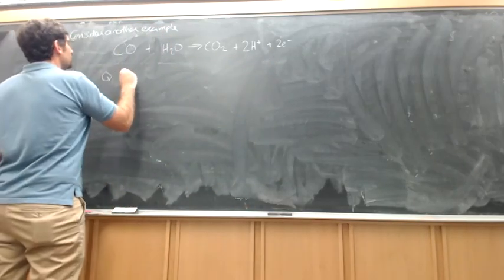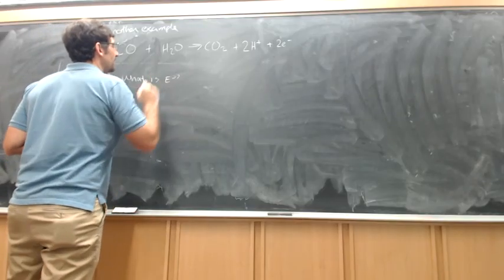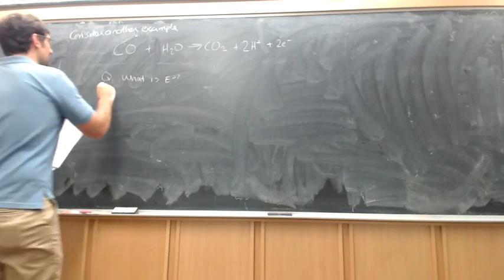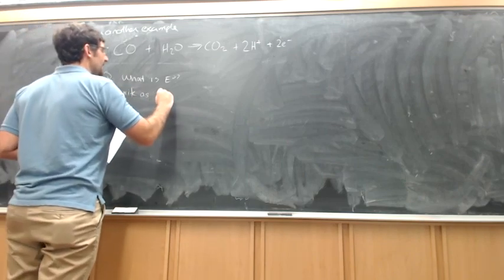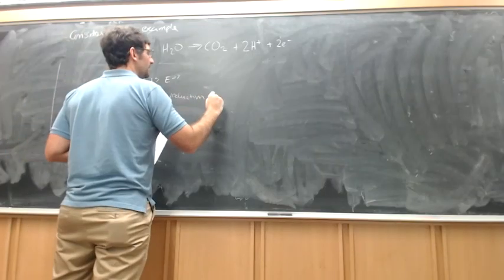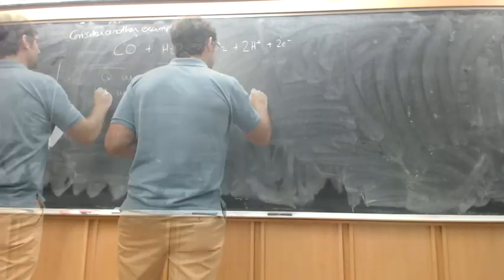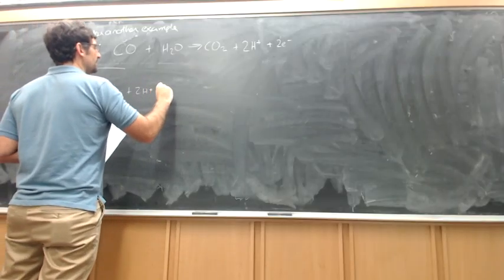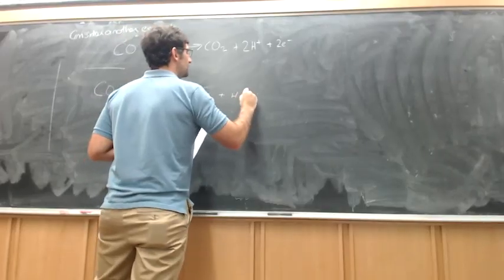The question is, what is E0 for this? How do we figure out E0? Well, we can write this as a reduction reaction versus a reference. CO2 plus 2 protons plus 2 electrons goes to CO plus H2O.